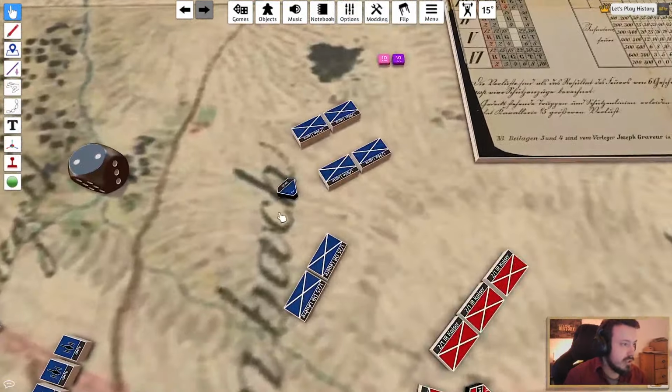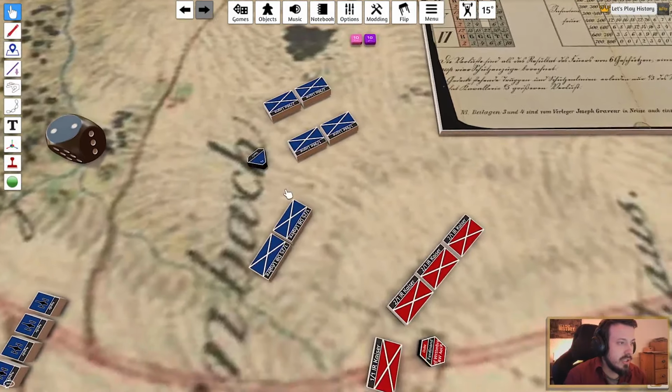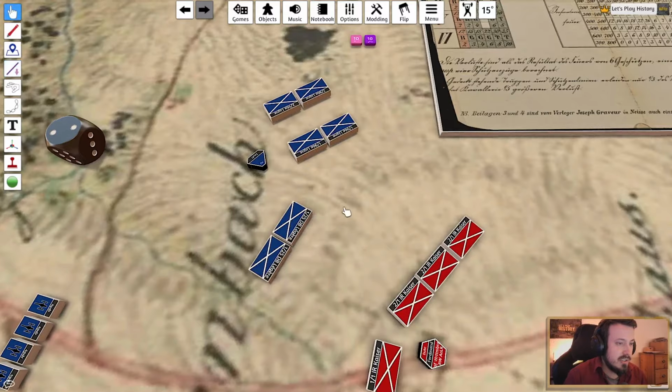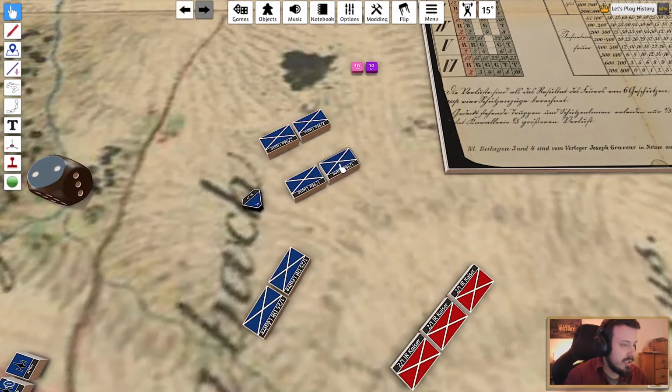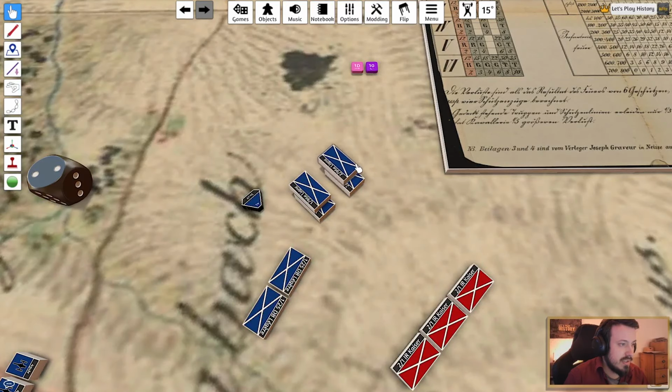So let's assume Brigadier Soult here wants to attack this battalion. They have been in a firefight here, so they are sort of distracted. Now he orders his guys to form assault columns. Let's say we have 2 battalions in assault columns here, and they are closing in on the enemy.